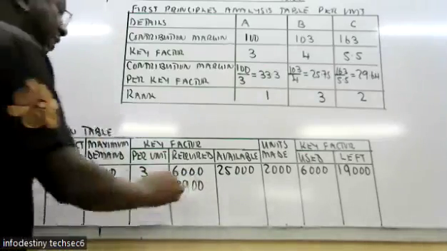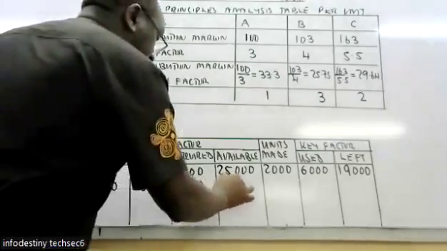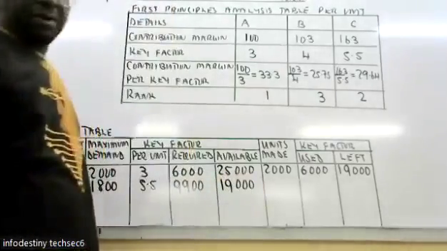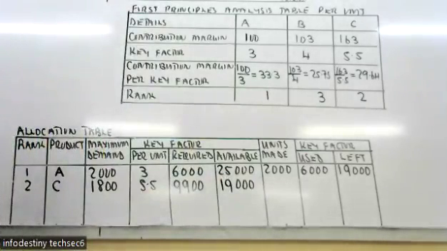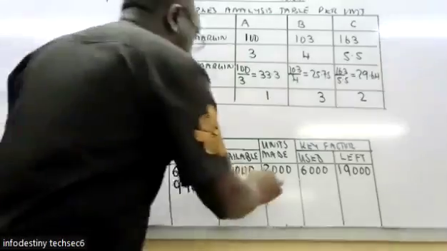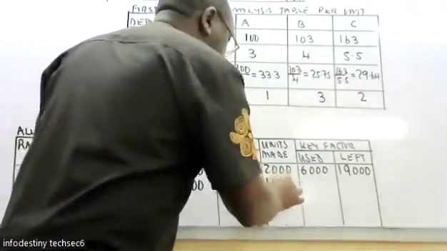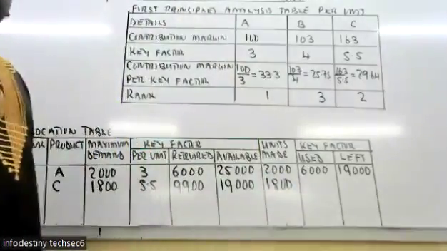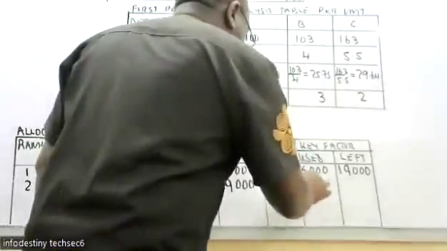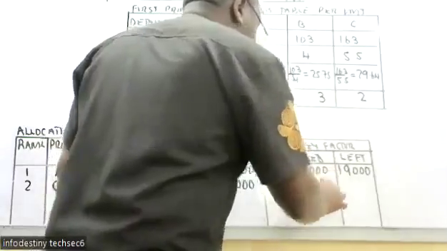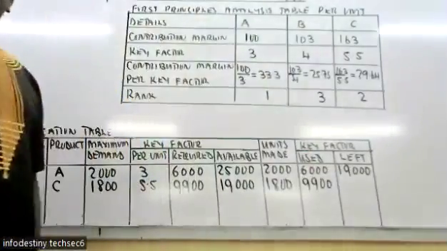Haya, na tuko na available ya 19,000. So can we afford? So that we make all the 1,800. Na tukue tumetumia 9,900. We will be left with how many?